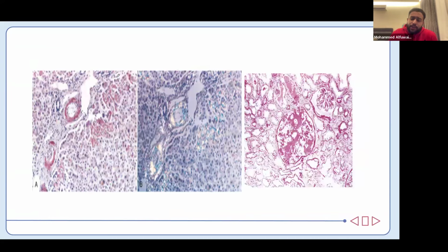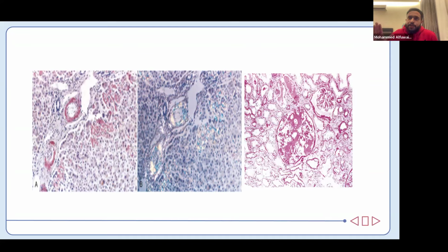Now, in this case over here, you have some sort of systemic disease that's depositing in the kidneys. You do a Congo red stain, and you can see apple green birefringence. Amyloidosis. Amyloidosis is a systemic disease that causes deposition of amyloid.